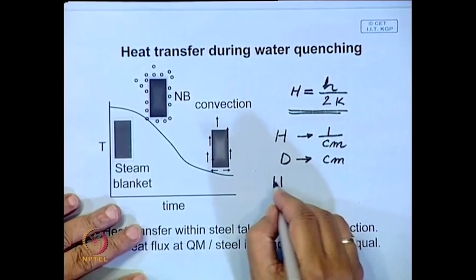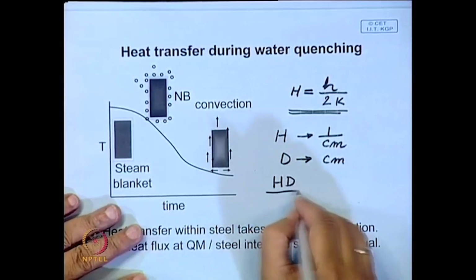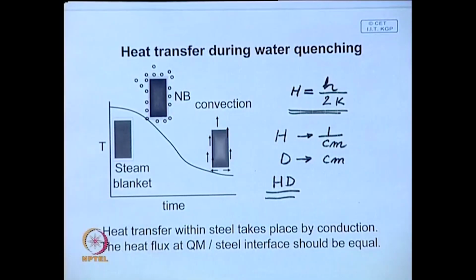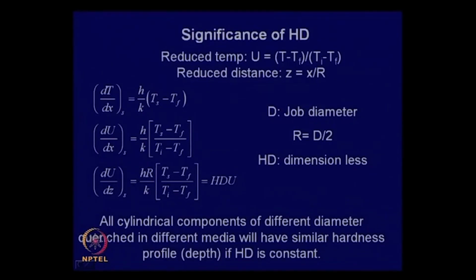So, HD is a dimensionless constant, and it is quite a useful parameter in designing heat treatment. You will find that in all components where HD has the same magnitude, their relative cooling characteristic will be similar.